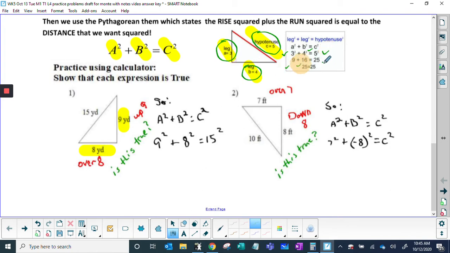Let's verify the rise and the run. So the rise is 9 squared, plus the run, 8 squared, is equal to 15 squared. Let's try it. What's 9 times 9? What's 8 times 8? And then what's 15 times 15?